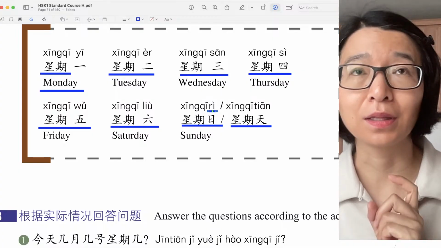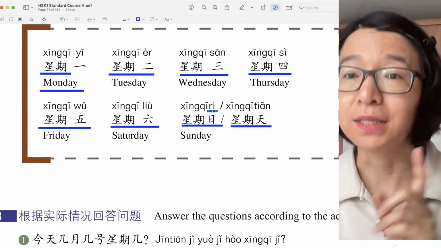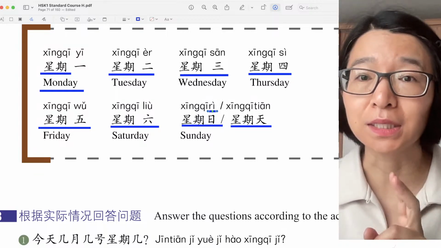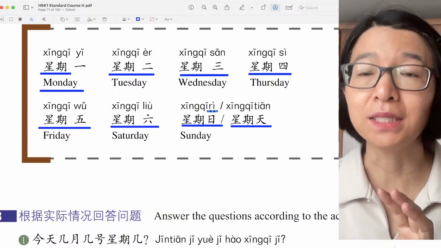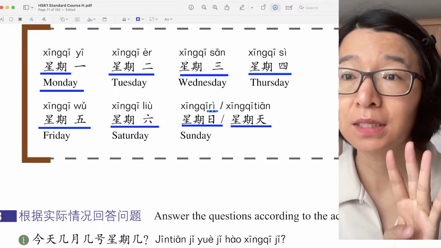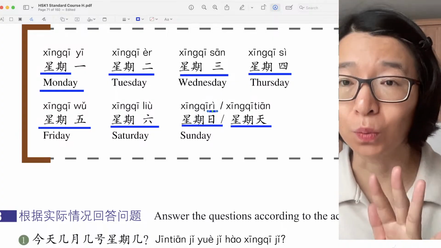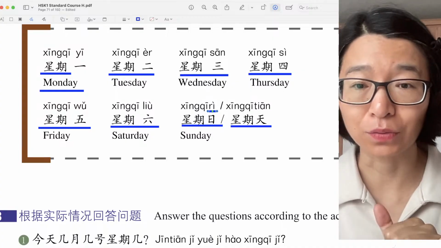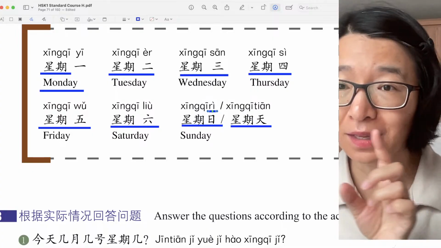Okay, now let's say 一, 星期一, 二, 星期二, 三, 星期三, 四, 星期四, 五, 星期五, 六, 星期六, 七, 星期天.